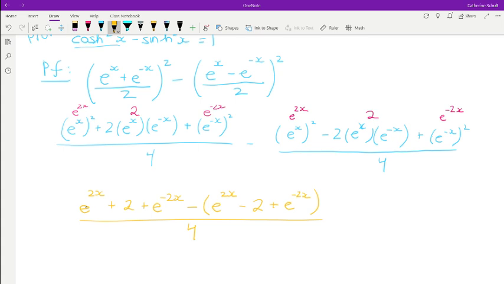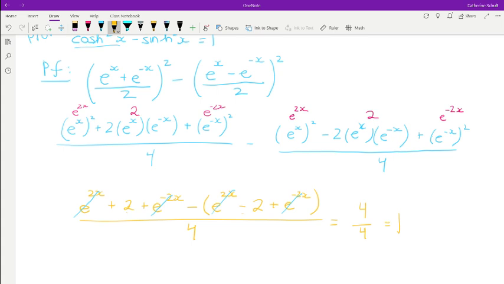All right, and then look at e to the 2x minus e to the 2x. That's going to cancel. Let's see, 2 minus negative 2 is 2 plus 2, that's 4. And then we have e to the negative 2x minus e to the negative 2x, that's going to cancel. Okay, and so we're left with just 4 over 4, which is 1.